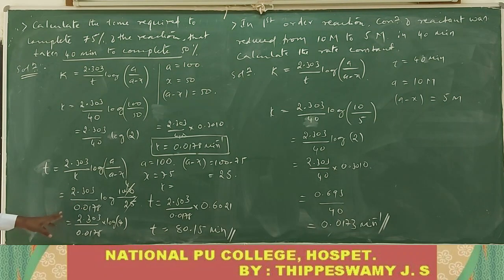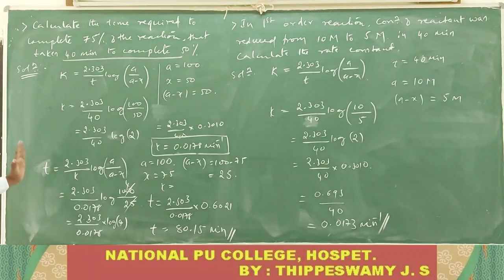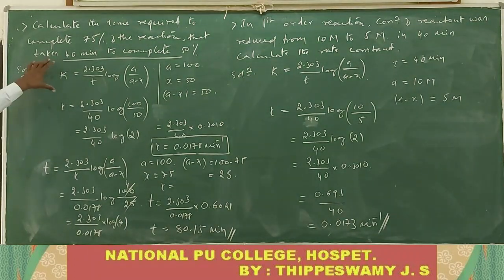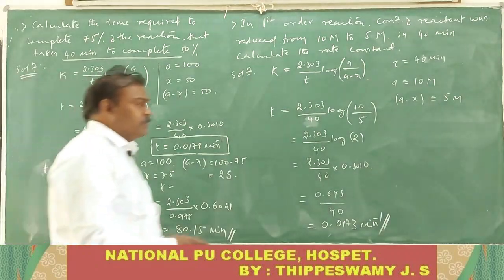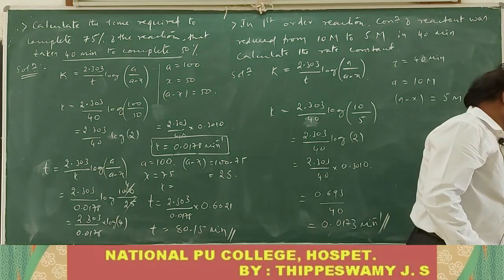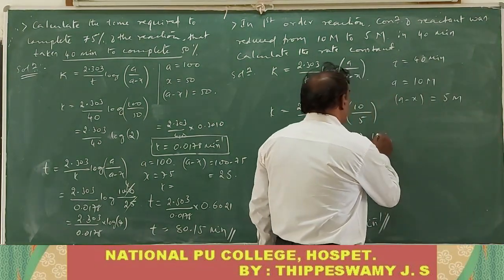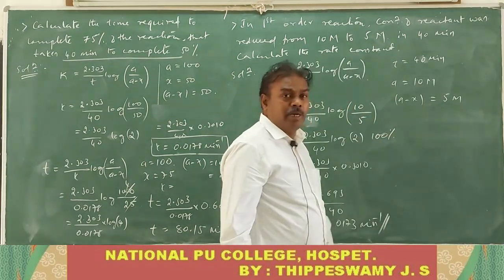Is it not? This is one of the important things in chemical kinetics. This formula, that is first order kinetics, the numericals based on that are very, very important. Even in the competitive exams you can directly answer this one. Suppose, initially the concentration of reactant will be 100%.